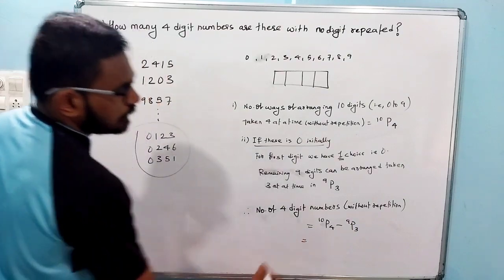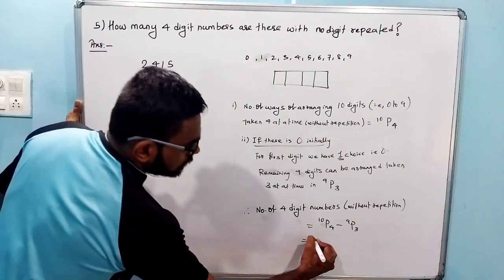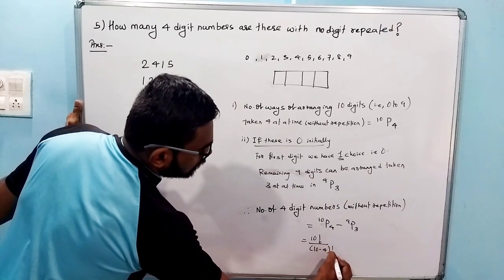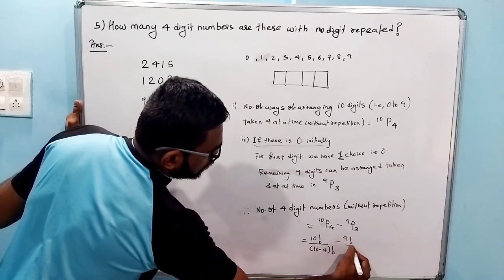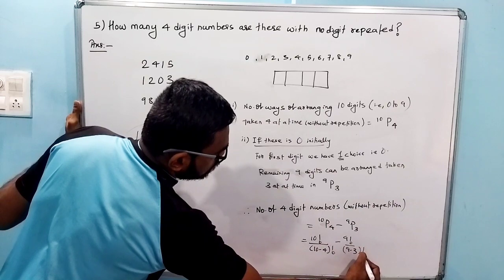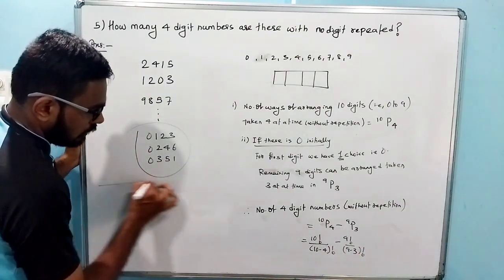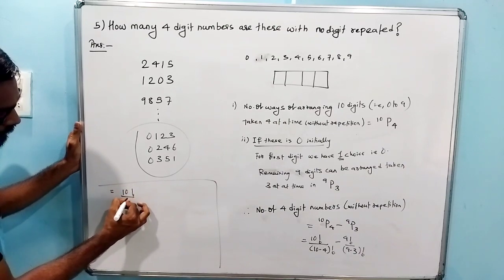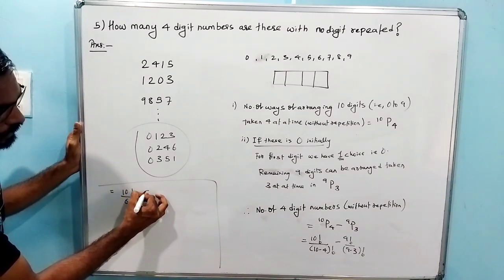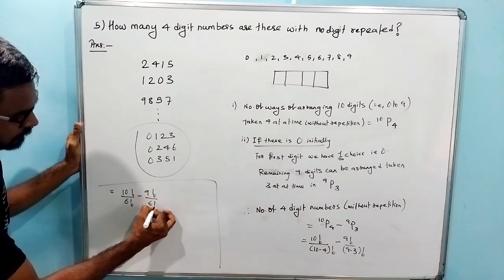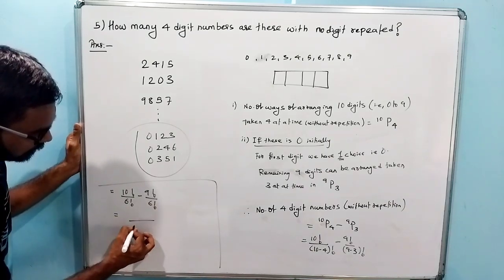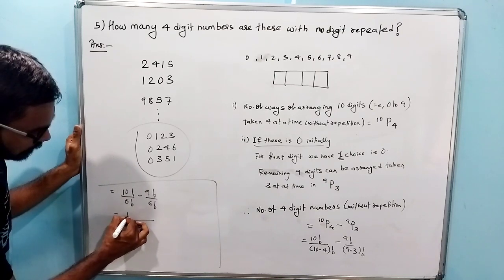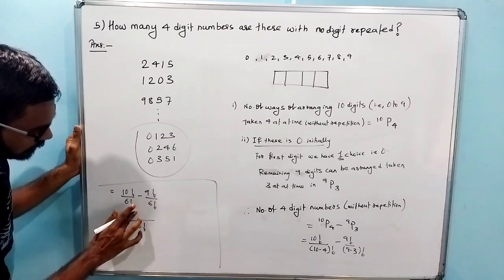So what will it be? 10 factorial upon 10 minus 4 factorial, minus 9 factorial upon 9 minus 3 factorial. So here I'll write 10 factorial upon 6 factorial minus 9 factorial upon 6 factorial. You can take 6 factorial common in the denominator: 10 factorial minus 9 factorial.